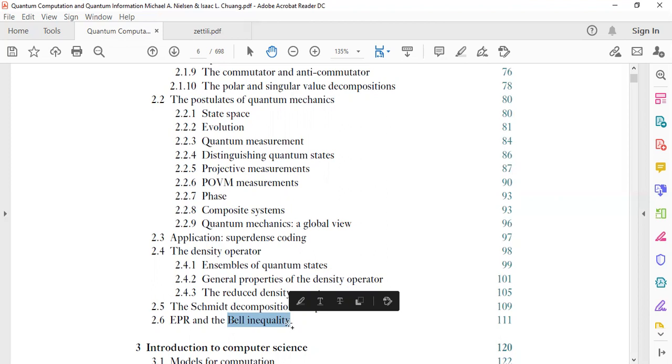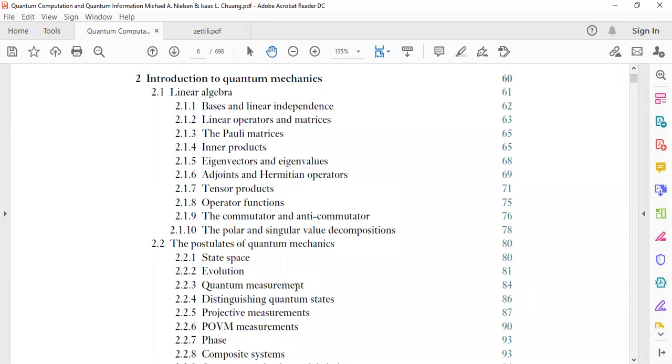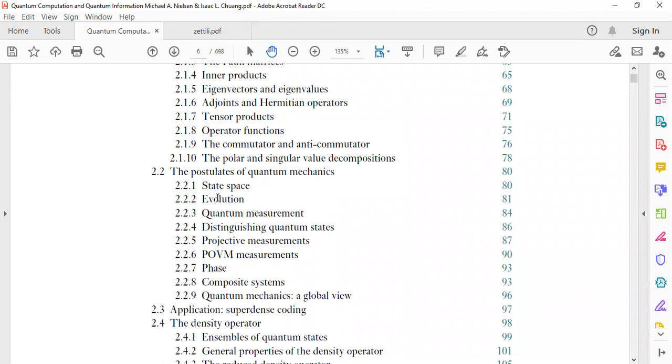Maybe I am oversimplifying all these topics, and oversimplification can cause confusion. I don't want to do that, but what I want to say is that we need to spend a significant amount of time in this particular chapter. Linear algebra, it's itself a subject. Quantum mechanics, it's a huge subject.